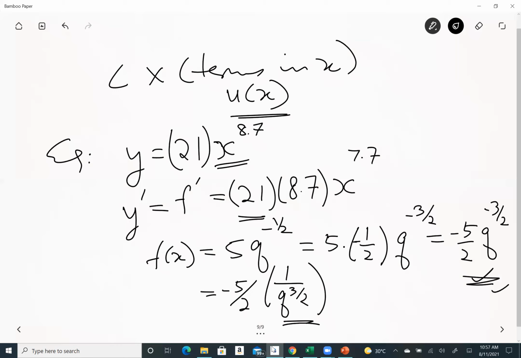Okay. And if you want to, you can put it into decimal point. That will be equal to 5 over 2 is what? 2.5, right? 2.5. So you have negative 5 over 2 is 2.5.